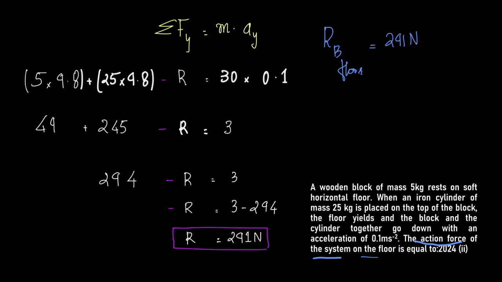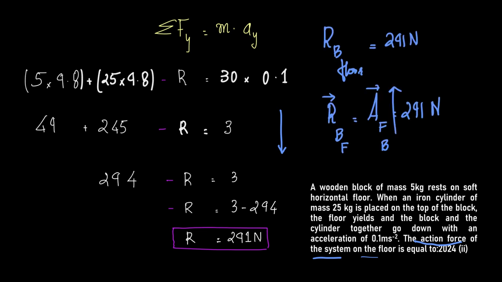And by Newton's third law, reaction on B due to the floor should be equal to action on floor due to the box. Therefore, the magnitude of these two vectors would be equal to 291 Newton, although the directions would be opposite. Therefore, the answer is 291 Newton.